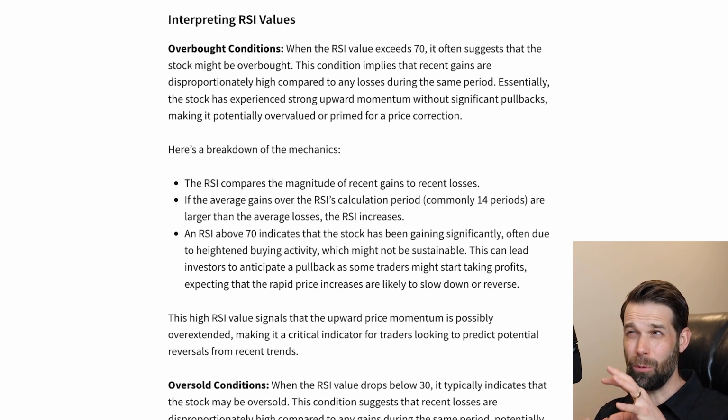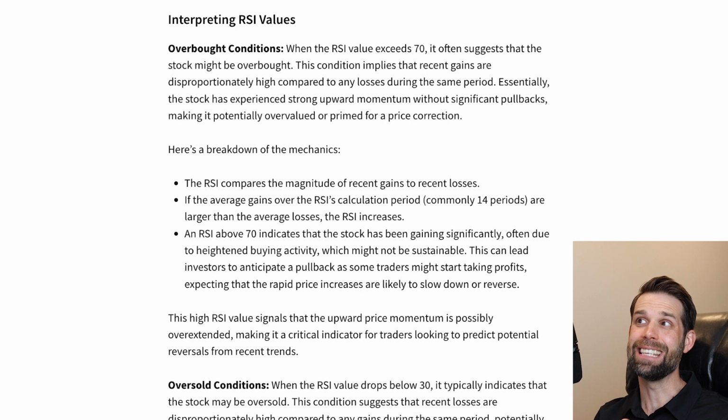Basically, this condition is saying that the recent gains are disproportionately high compared to any losses during the same period. Essentially, the stock has experienced strong upward momentum without significant pullbacks, making it potentially overvalued or primed for a correction.